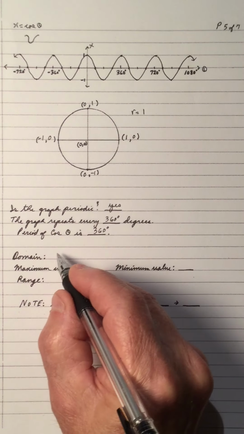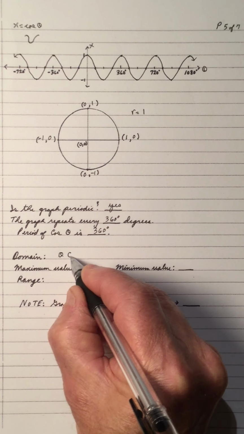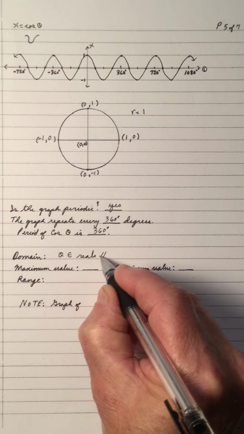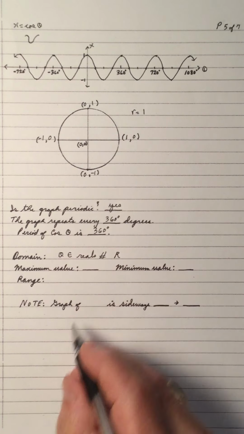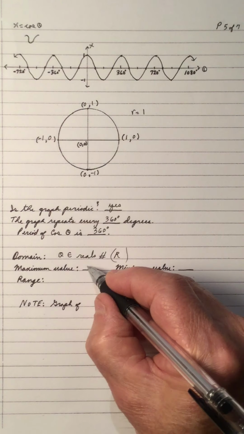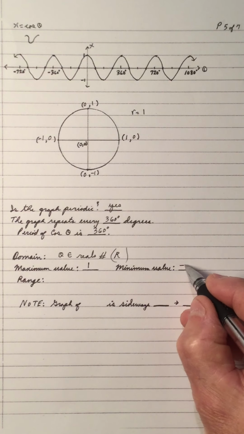And the domain are the values of theta, so that theta belongs to the real numbers. Or we can call it R for real. Notice the maximum value for cos is 1. The minimum value is -1.